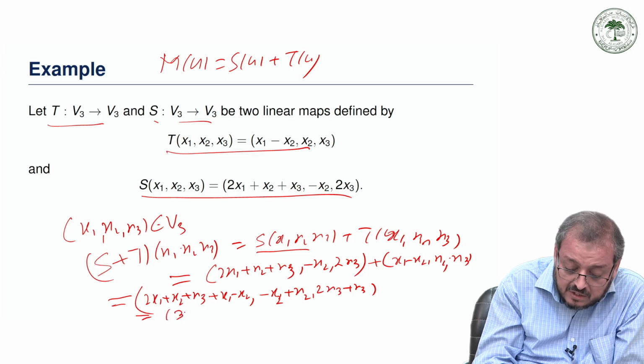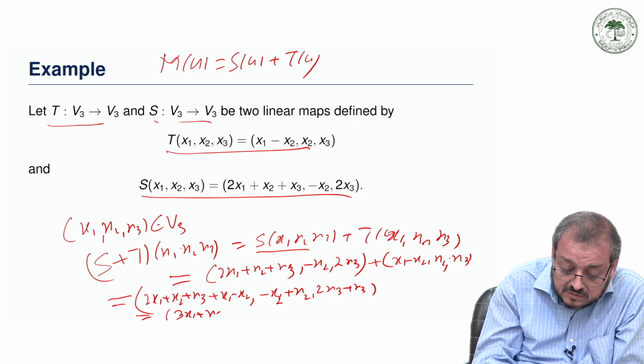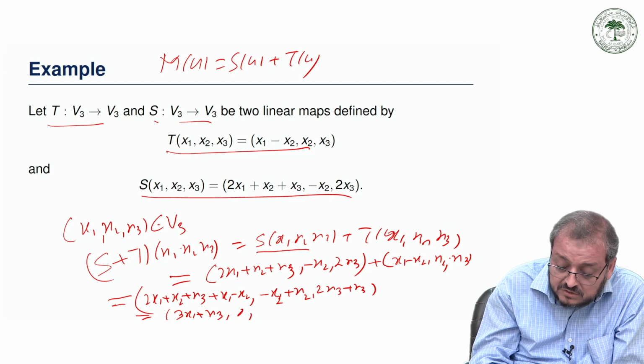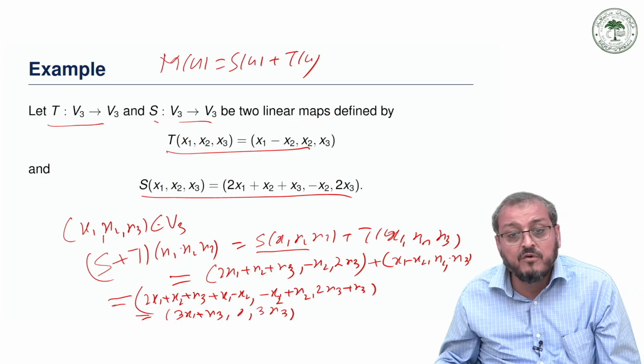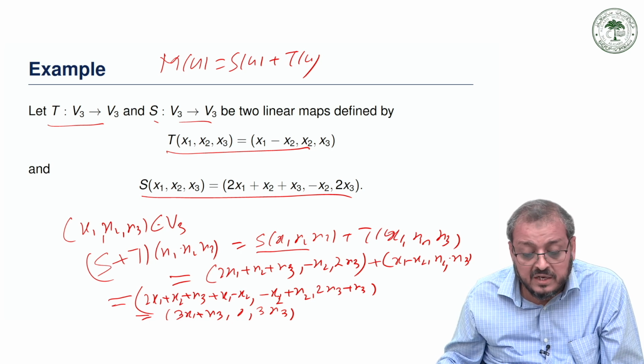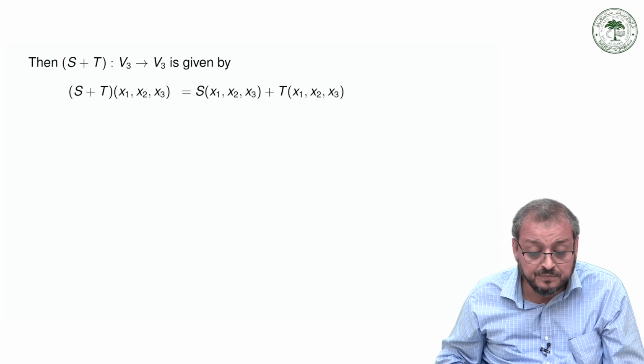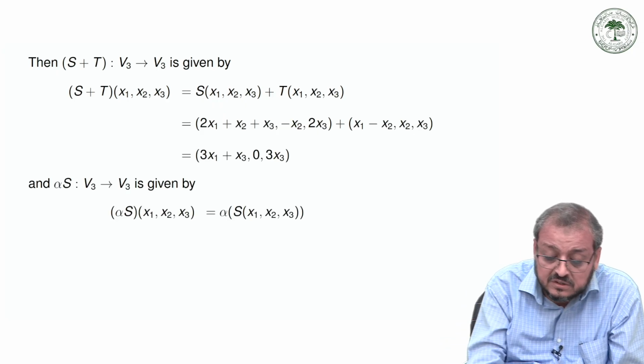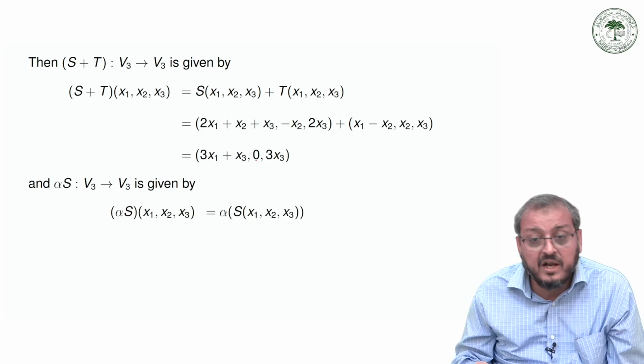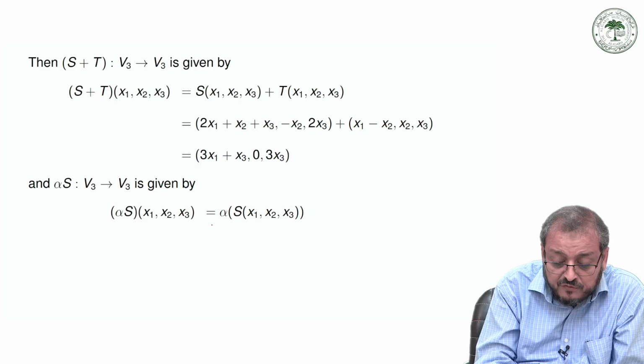So, you have 3 times of x1 plus x3, comma 0, and then you have 3 times of x3. The sum of these two linear maps is equal to what we defined in this form. So, this is clearly in this form, and now the scalar multiple alpha times s is equal to this.